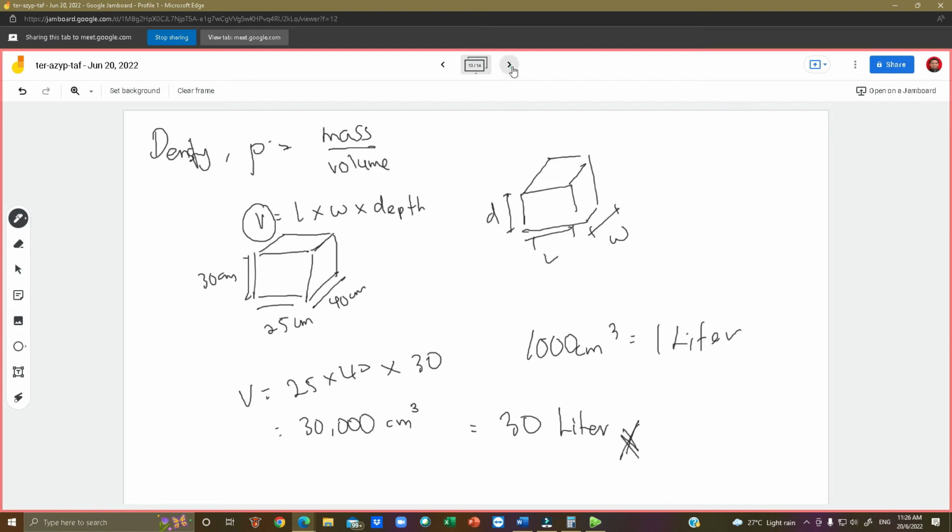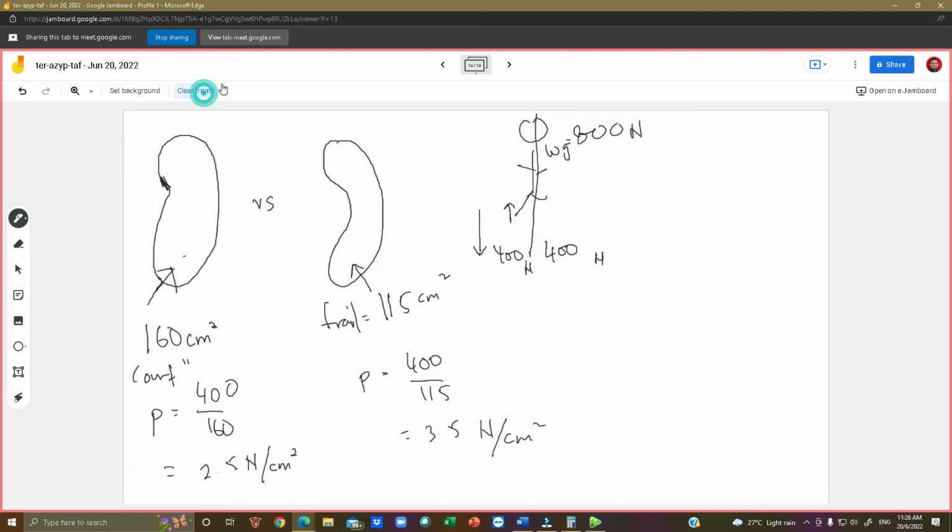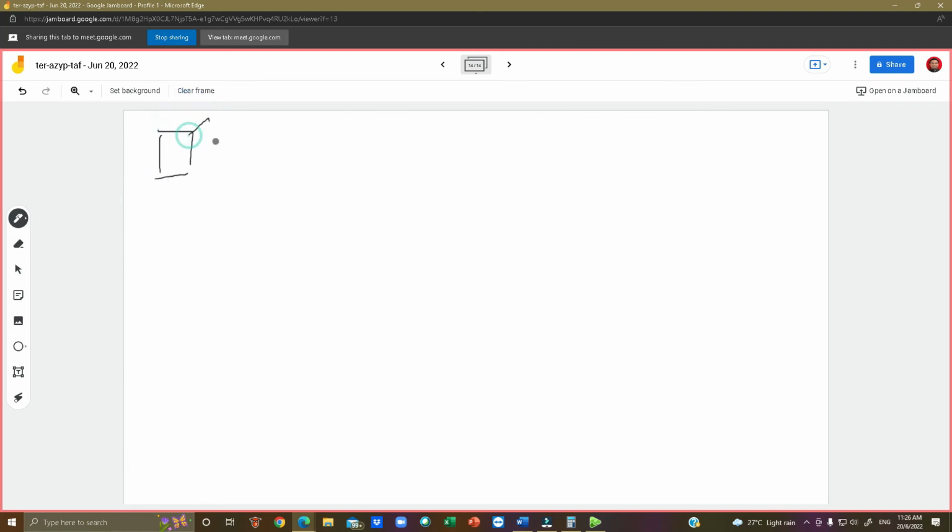Okay. Now the derivation of the question. Based on whatever you have from before, the box we have calculated and we find out that the volume of this box is 30 liter ataupun 30,000 centimeter cubed. Okay, katalah barang kat dalam kotak ni, if the content of the crate weighs 120 Newton, what is the density of this box?